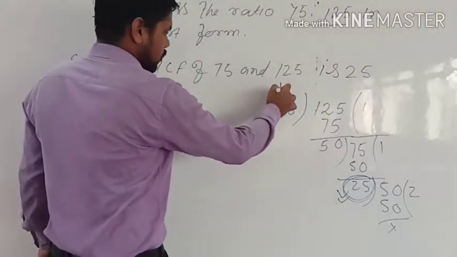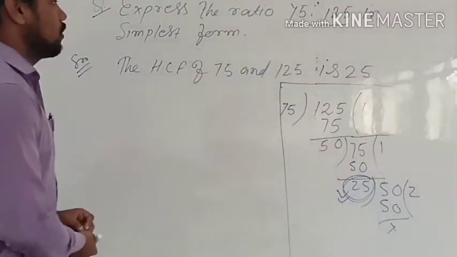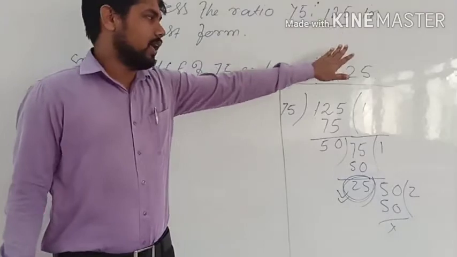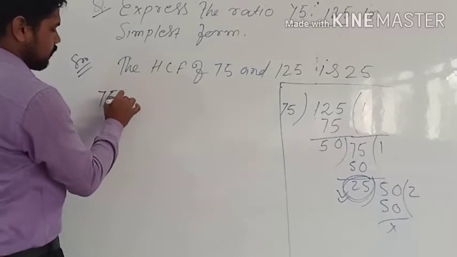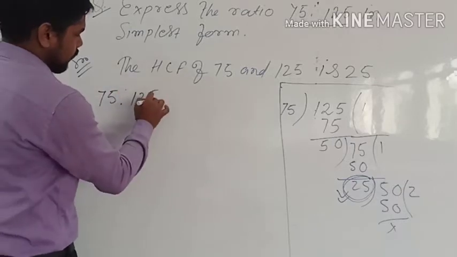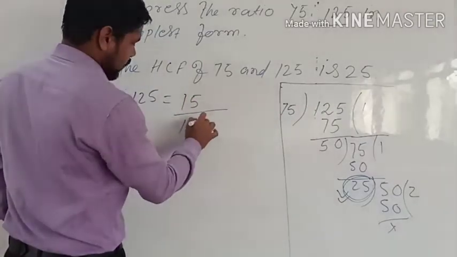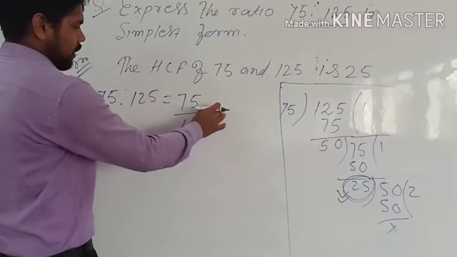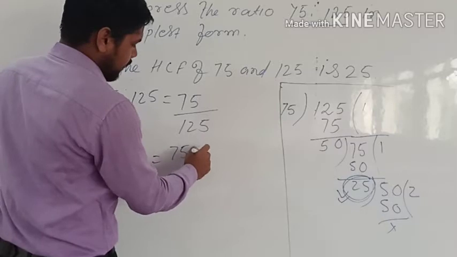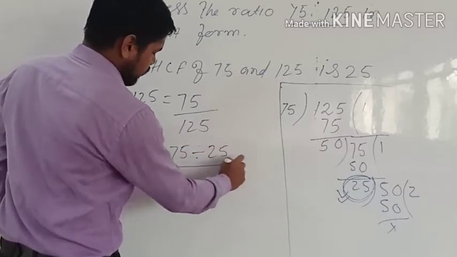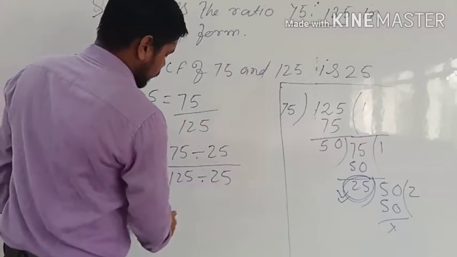So now what you have to do is divide both the numbers by 25, right? So 75 to 125, means 75 divided by 125. So here what we will do is 75 divided by 25 over 125 divided by 25.